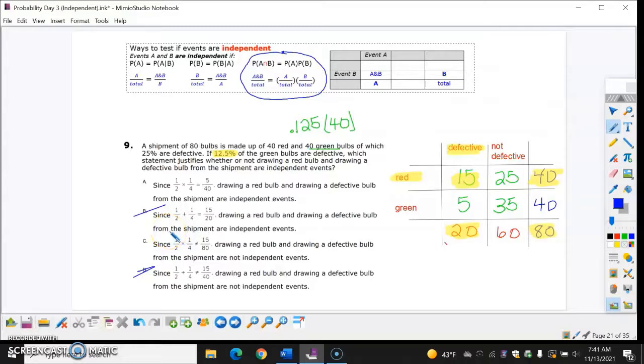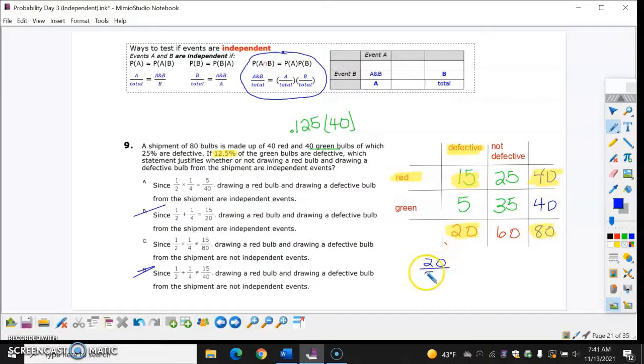See if you could figure out which one of these, if you plug into this formula, would be the case. So we're looking at what we're multiplying together. They're multiplying 1/2 and 1/4. How did they get that? Well, this is the probability of one event overall.